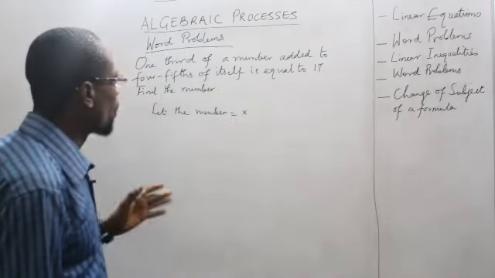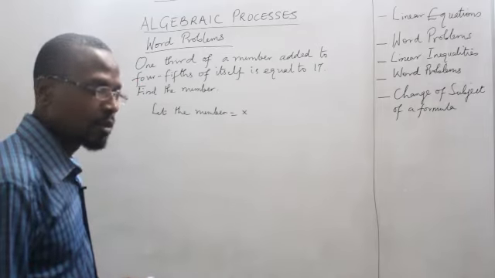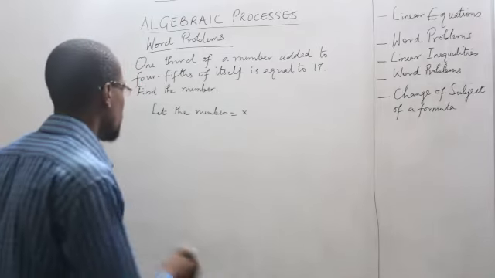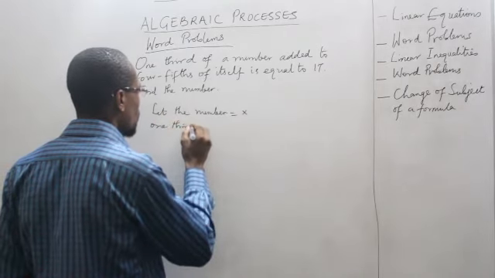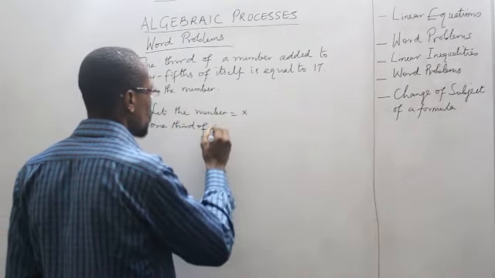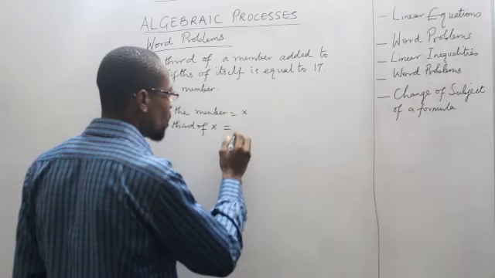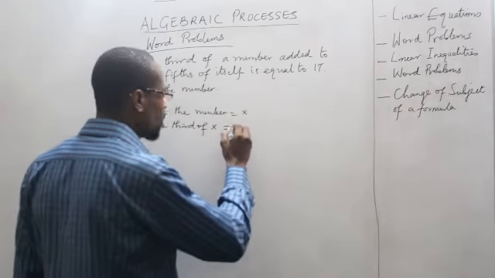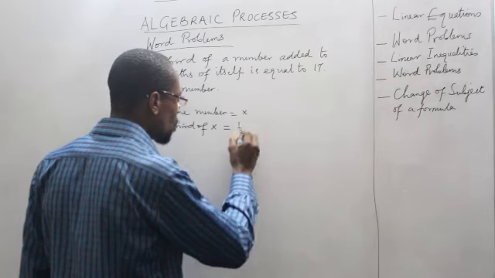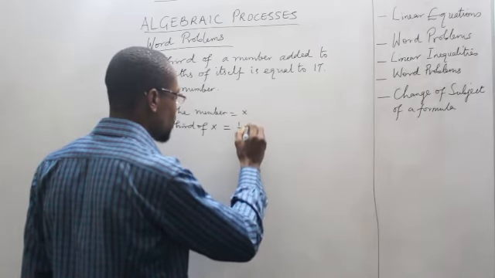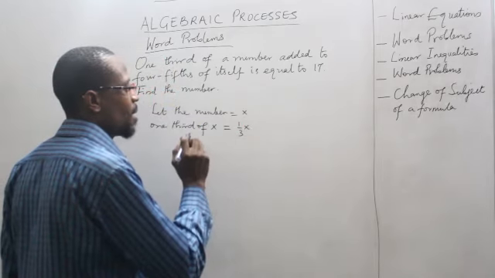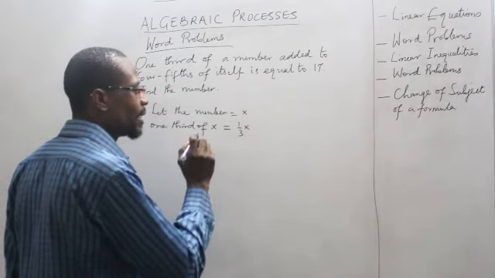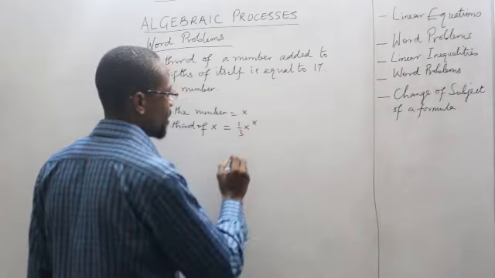Now, 1/3 of the number, 1/3 of x is what? One third of x is the same as 1/3 times x.